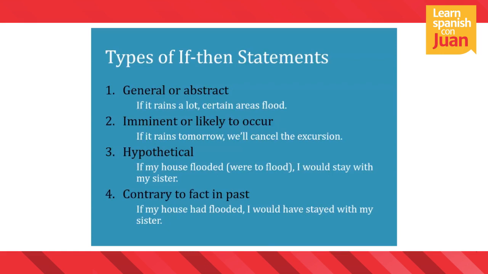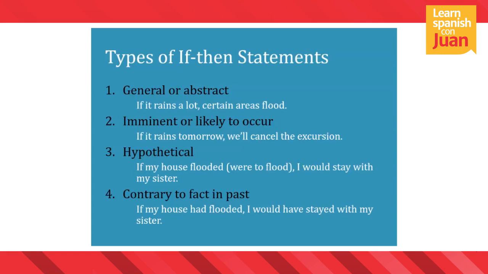A third kind, and slightly more complicated, are if clauses that introduce hypothetical conditions, but in the present tense or an undefined kind of time frame. If my house flooded, or it's hard to hear that subjunctive mood in English. If my house were to flood, hypothetically, if my house were to flood, I would stay with my sister.